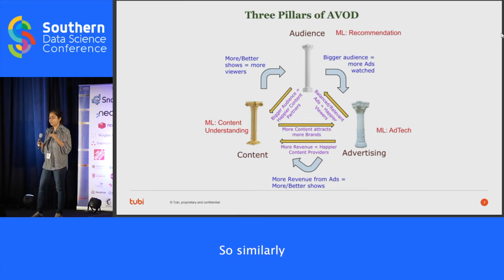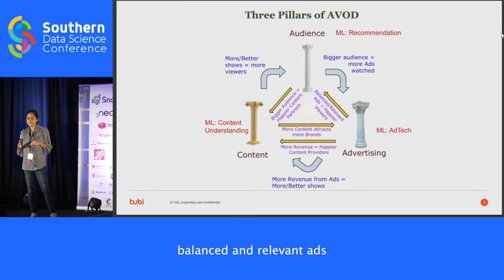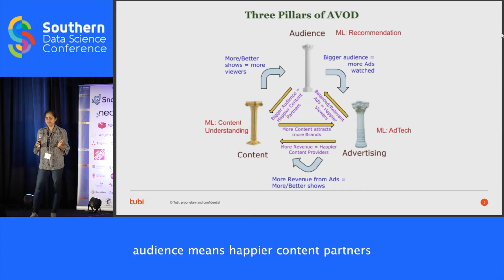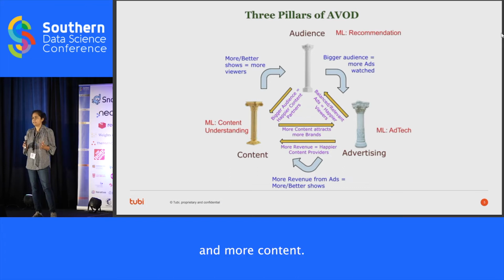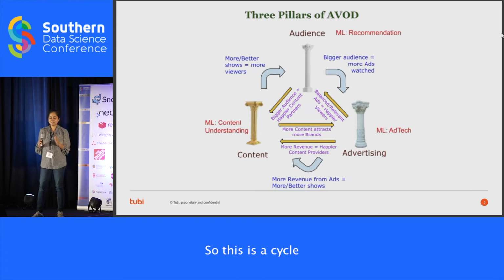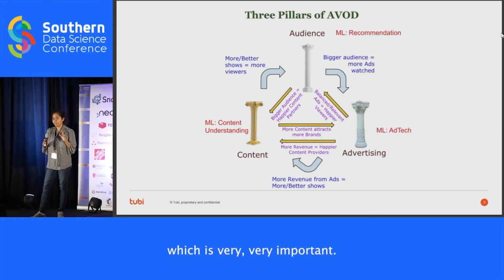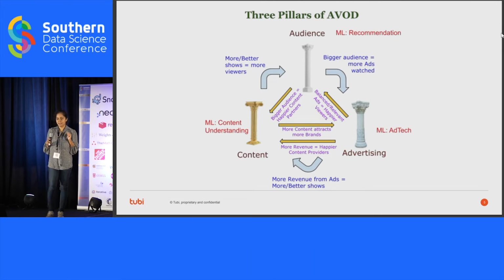Similarly, balanced and relevant ads means happier viewers, a bigger audience means happier content partners, and more content definitely attracts more brands to advertise on the service, and more revenue means happier content providers again. So this is a cycle which is very important, and as you can see, machine learning is a very critical component of an AVOD service.